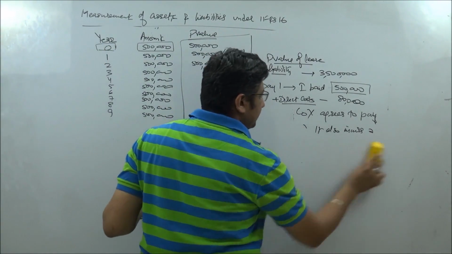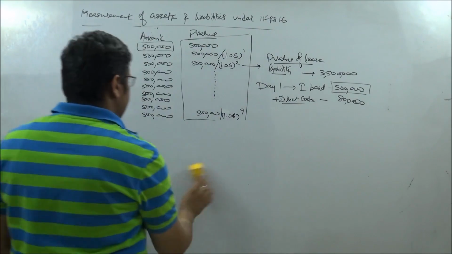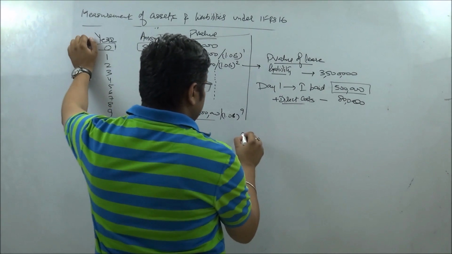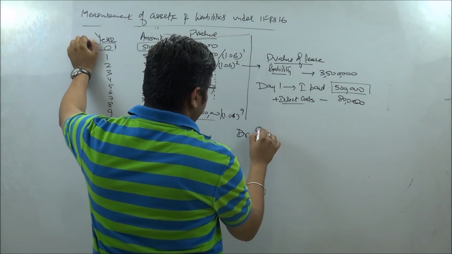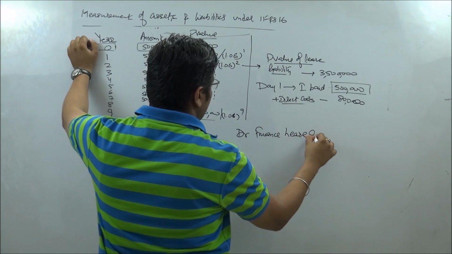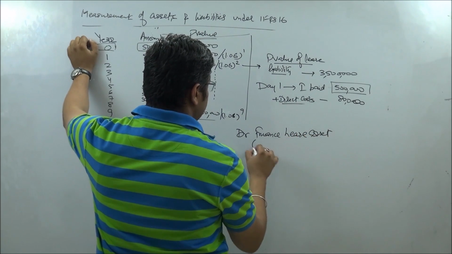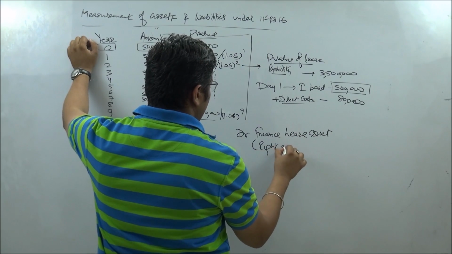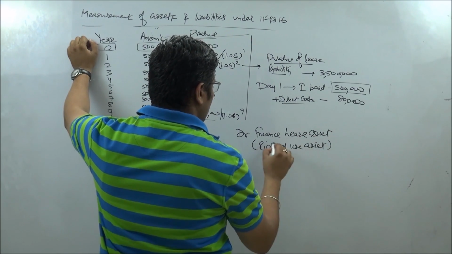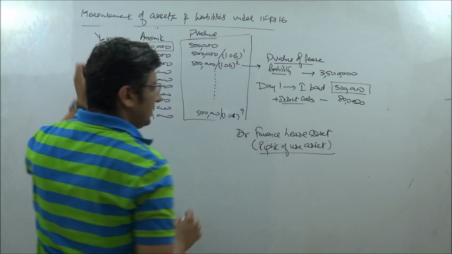So all we are trying to say here is that my asset is recognized at something like this. I would do an accounting entry of finance lease asset or right of use asset. That's a more appropriate term.